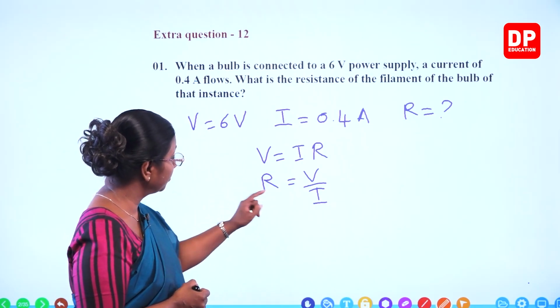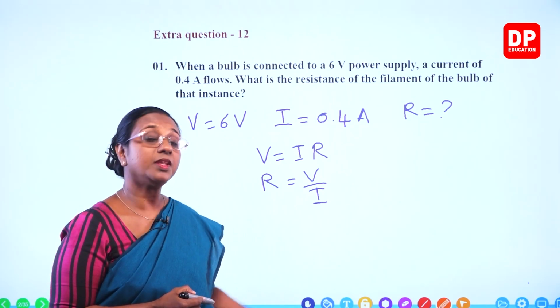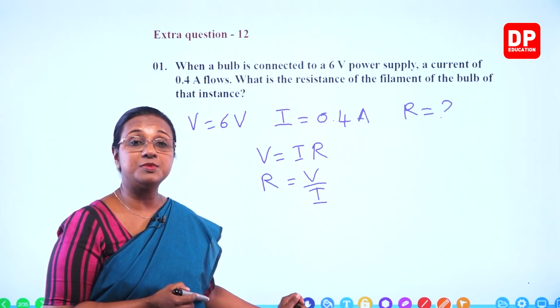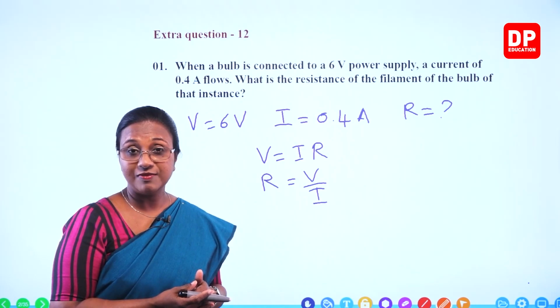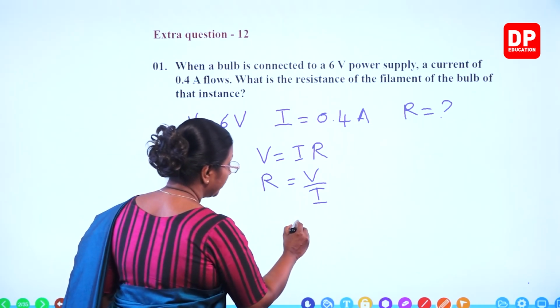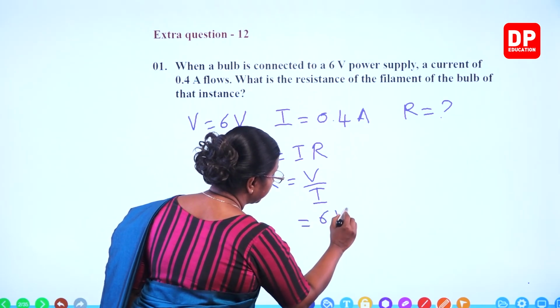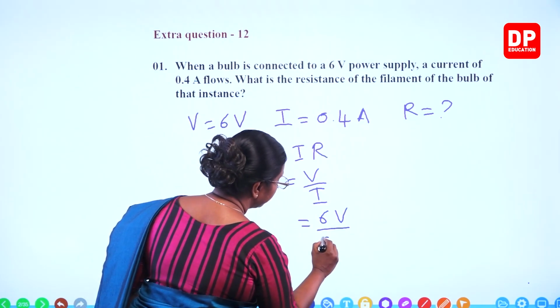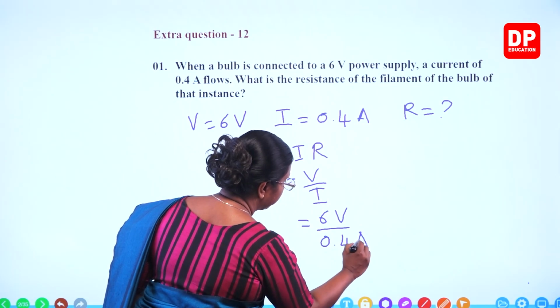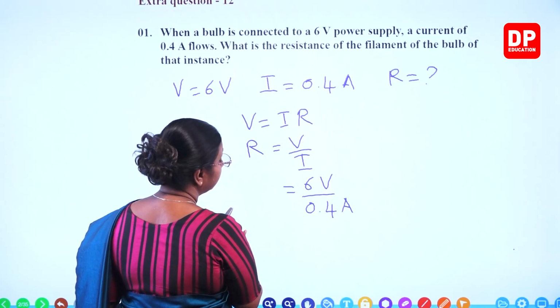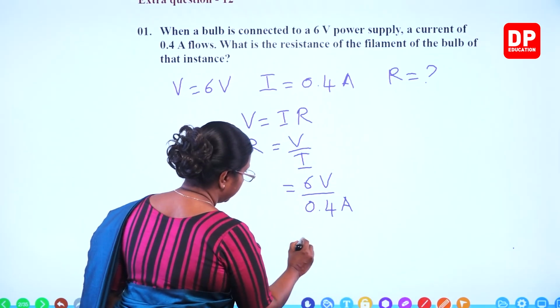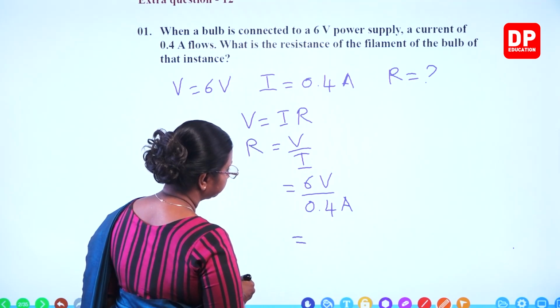So that gives you the constant R. You can rearrange and substitute, or you can substitute the values and rearrange. So here you will get the values 6 volts divided by 0.4 amperes. And that will give you the resistance.